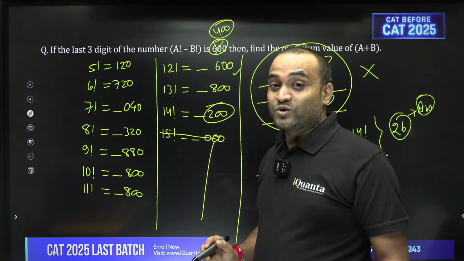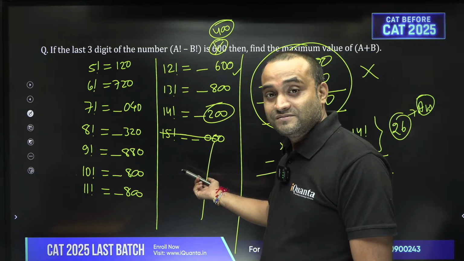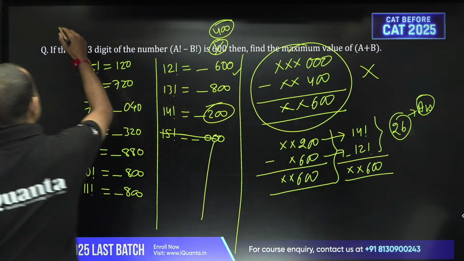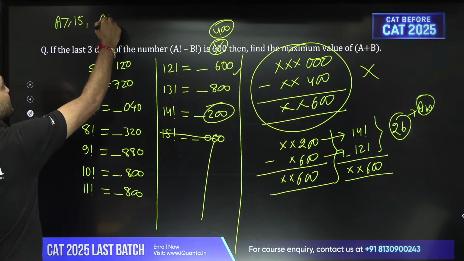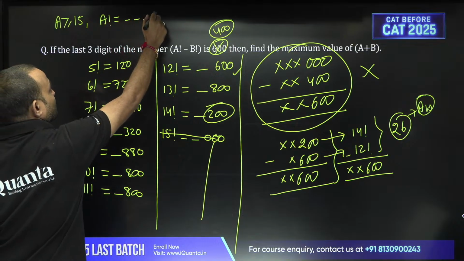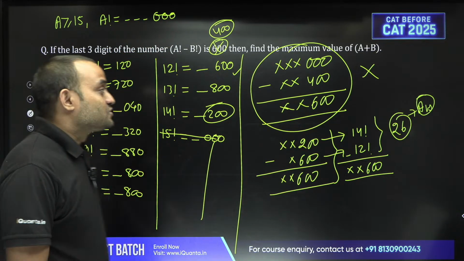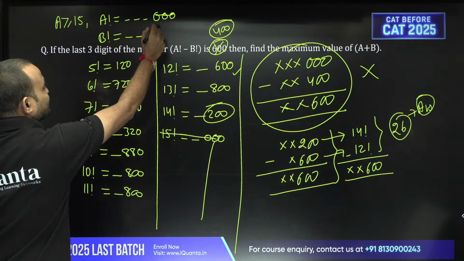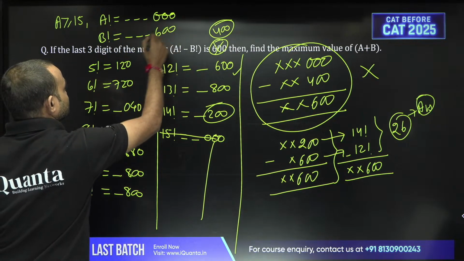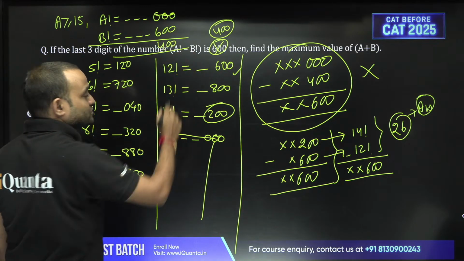Look, I consider two cases. What if A is greater than or equal to 15? If A is greater than or equal to 15, A factorial will end with 3 zeros, 000. So if I take a value of B factorial which ends with 600, then the difference will end with 400.